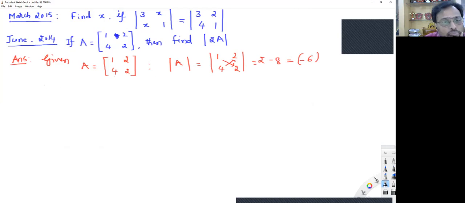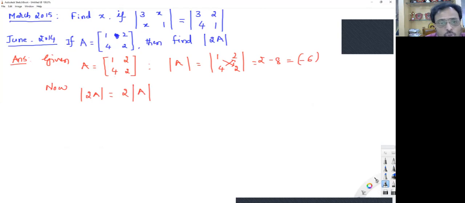Now actually according to the question we have to find out determinant of 2 times of A. Where 2 is a scalar, this one you can write 2 times of determinant of A, but here most of the students commit a mistake. What?